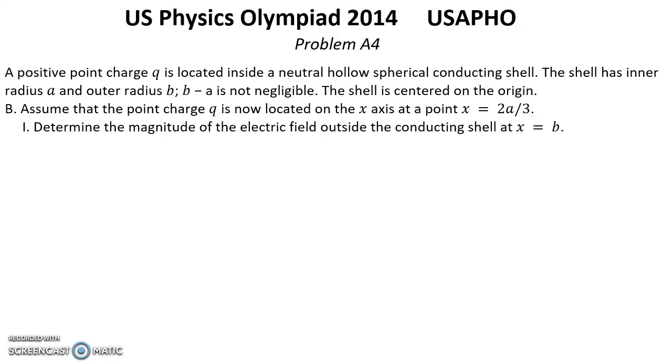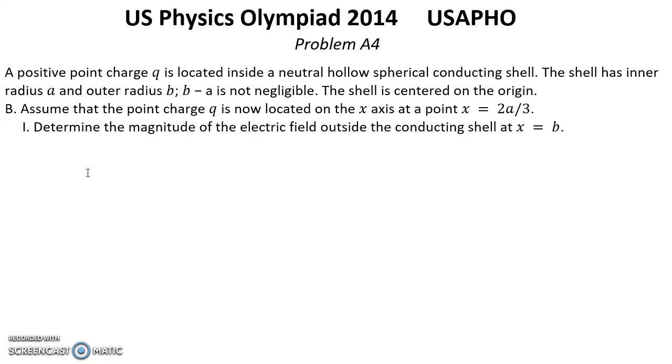Solution. Because inside the shell the electric field is still 0, it means that we have a negative charge Q distributed on the inner surface, but now it's distributed not uniformly. It's distributed exactly in the way that cancels the charge at point 2a over 3, which is not symmetrical.